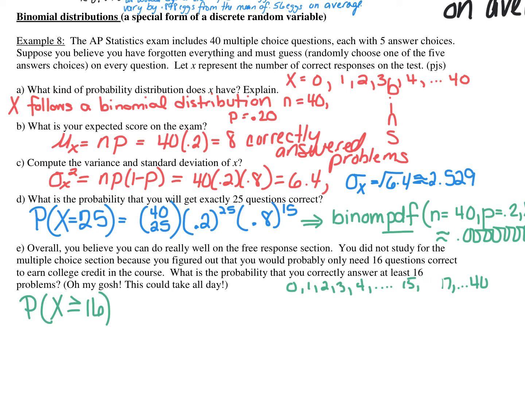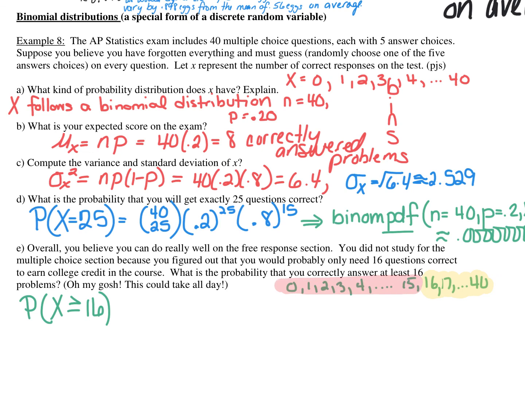Oops, I didn't mean to erase there. Struggling with my tools. It'd be 16 through 40 is what I'm trying to say. But the CDF function starts at 0 and sums from the bottom of your list upward.